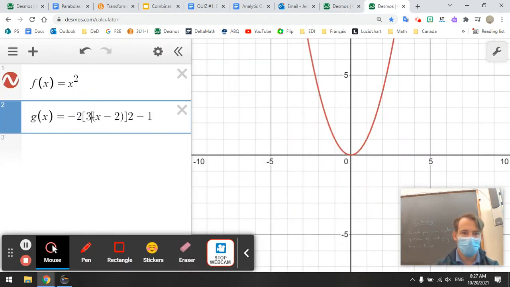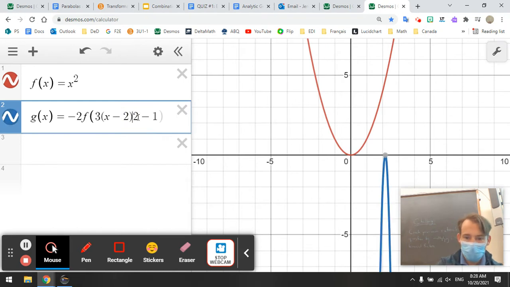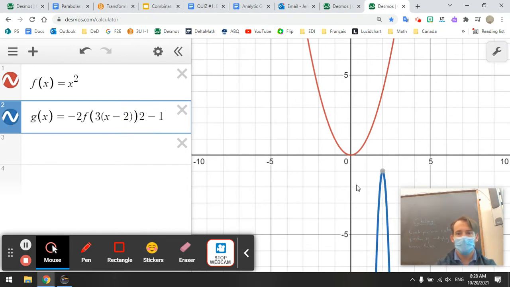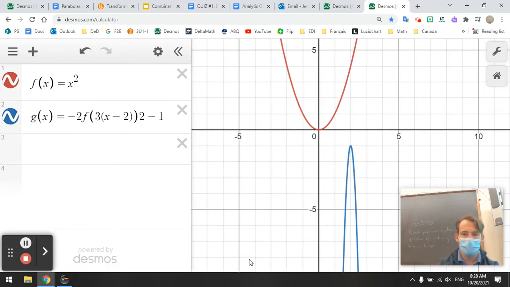Actually, we want a 3f of x. Really? Not going to graph that for me? Oh, this f goes over here. That's why. There. So here's our transformed function down here.